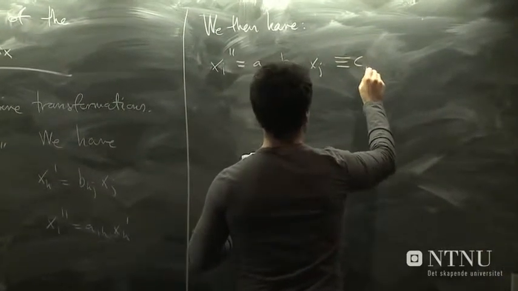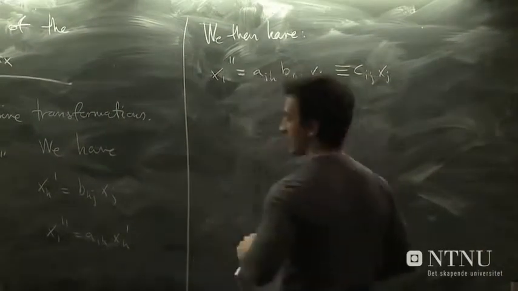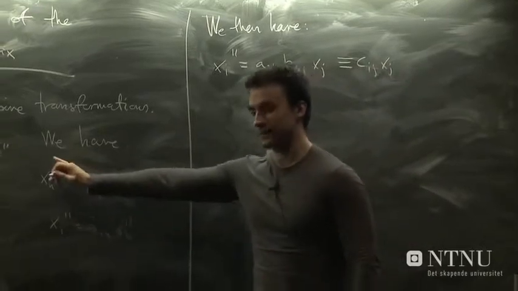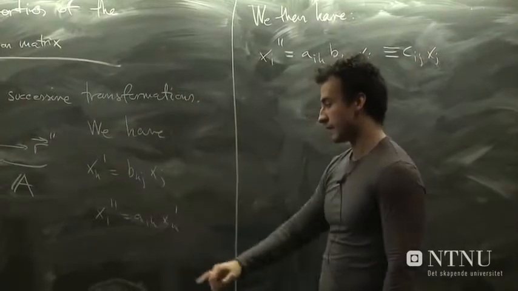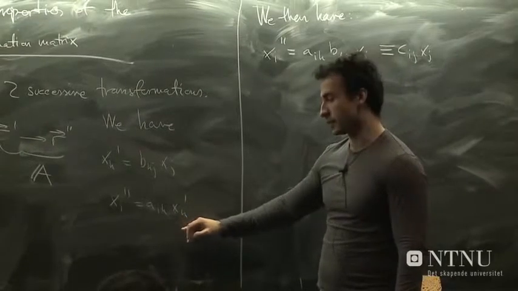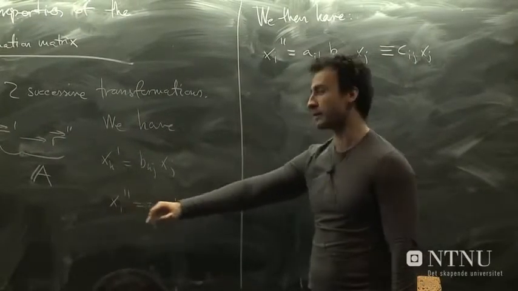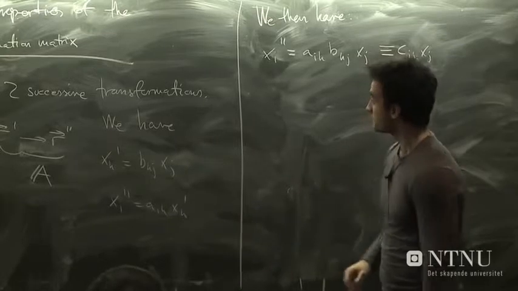If I now take this expression for xk prime and insert it here, I get an equation which directly relates x double prime to the unprimed quantity, like so.